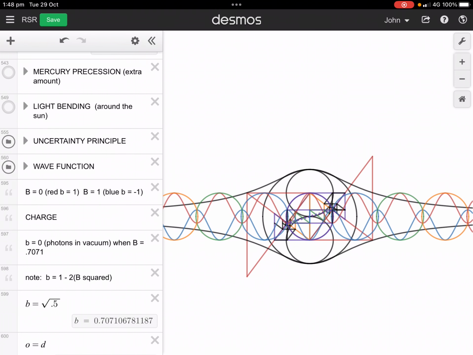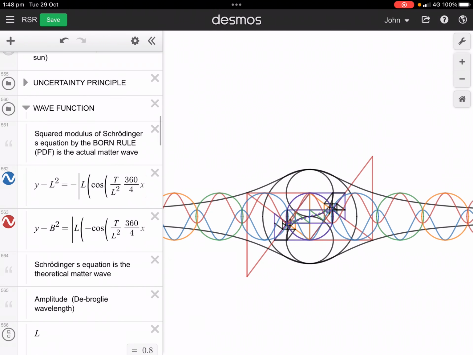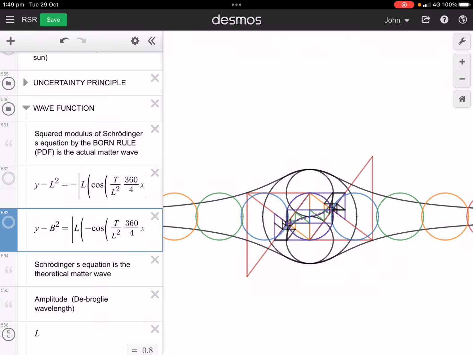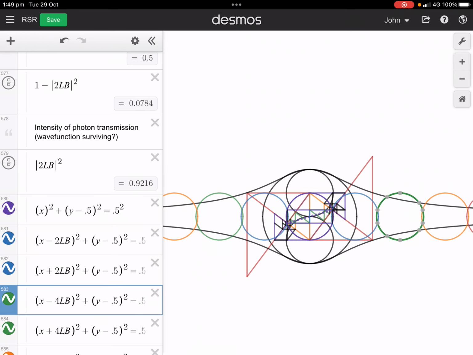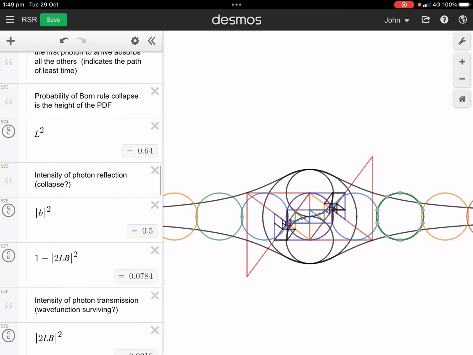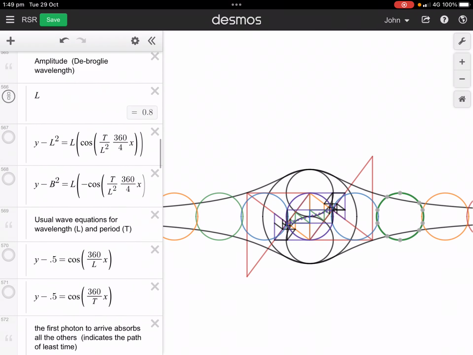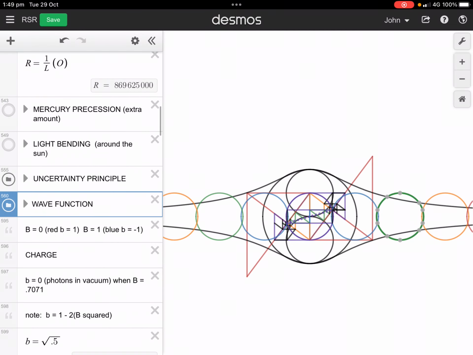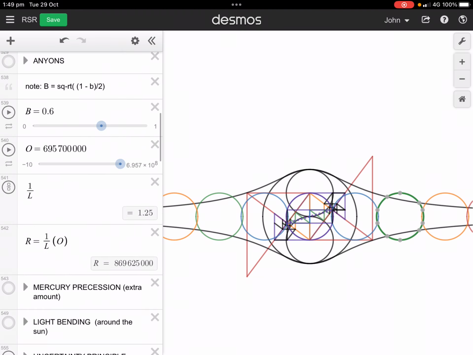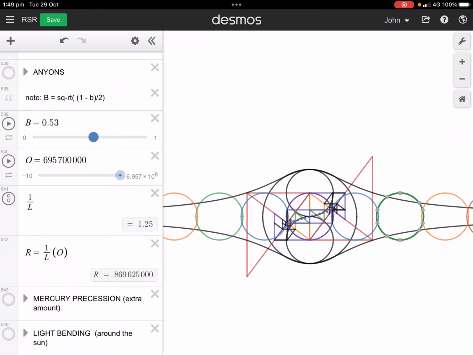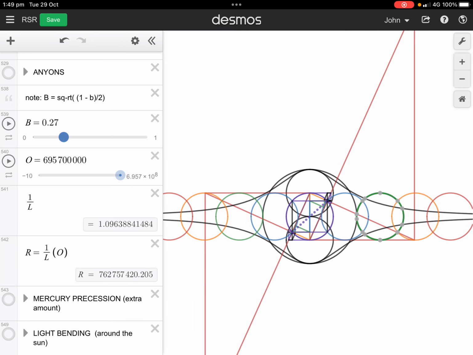Imagining you got the squared modulus of Schrodinger's equation is the actual one we observe, so I'm only bothering with that one, and I don't really need those equations in there because you can still see how LB is linking these circles together, and how it's going to cause the wave function to collapse like that.